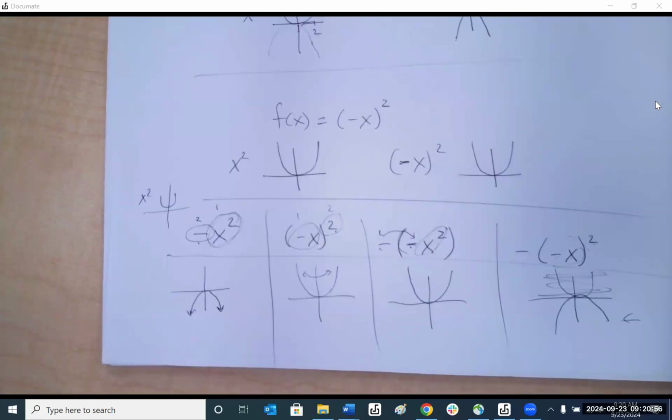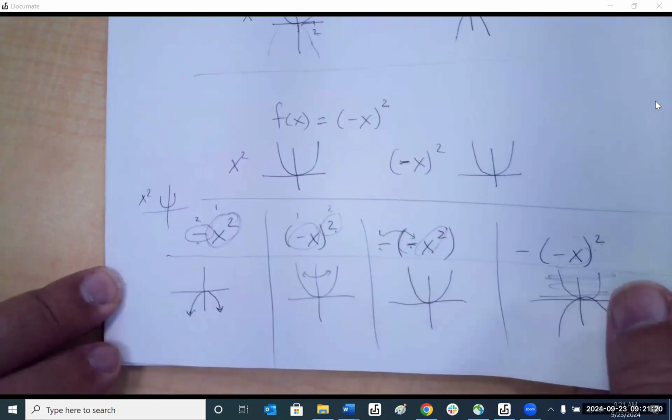Okay, so horizontal and vertical shifts and reflections, those are the first three. Now we have two more to do: horizontal and vertical transformations by either stretching or shrinking, expanding or constricting.